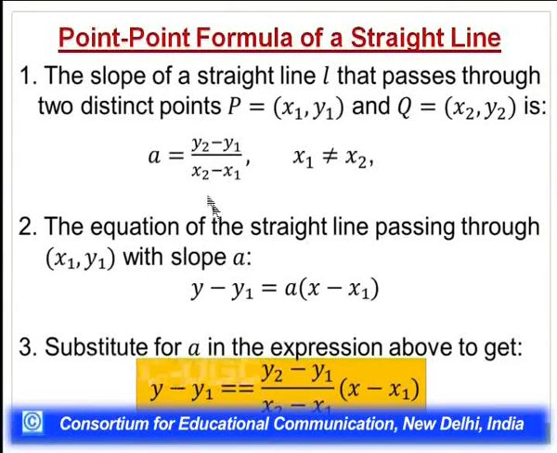Because we have information on 2 points, we can use the formula for the slope, which is y2 minus y1 divided by x2 minus x1, and we can use any one of these points to write our equation as y minus y1 is equal to y2 minus y1 divided by x2 minus x1 times x minus x1. So this is a situation where we don't know the slope, but we have information on 2 points, and we can plug that information into this expression.